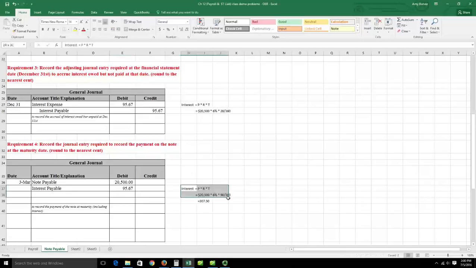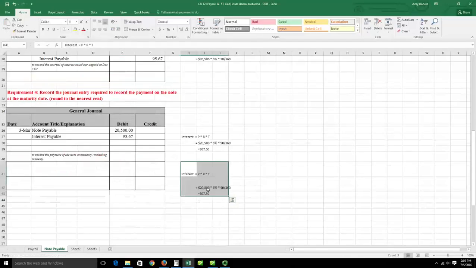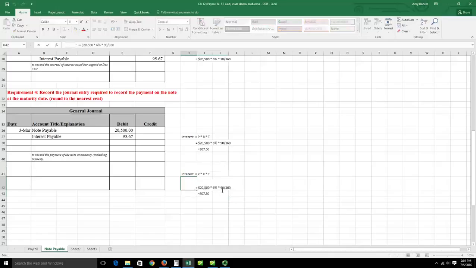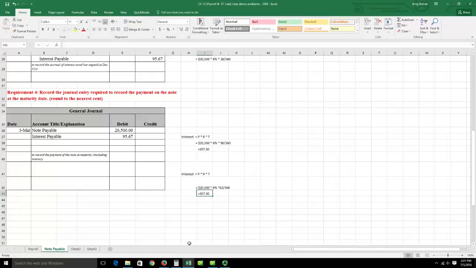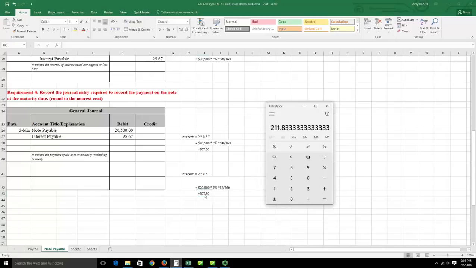So I can take, again, the same formula, principal times rate times time, but now I only need to calculate 62 days because I'm only calculating the amount from January 1 to March 3rd. So 62 divided by 360 times 0.06 times 20,500 gives me $211.83.